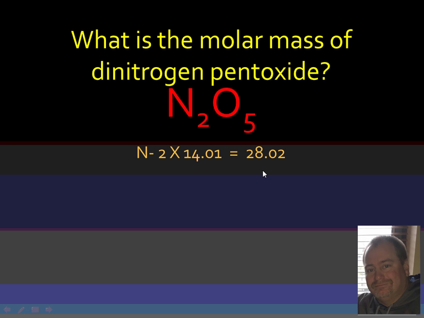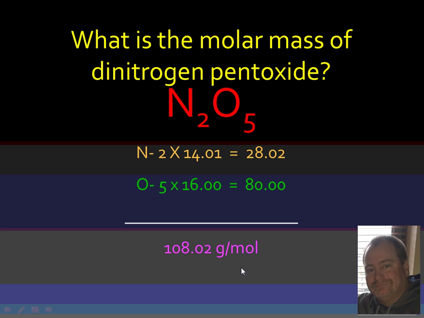How many oxygens? 5. Each oxygen weighs what? 16.00, right? If I round it to 2 spots like I have been. So 16 times 5 is going to give me 80. I add together 80 and 28.02, and that gives me 108.02 grams per mole.